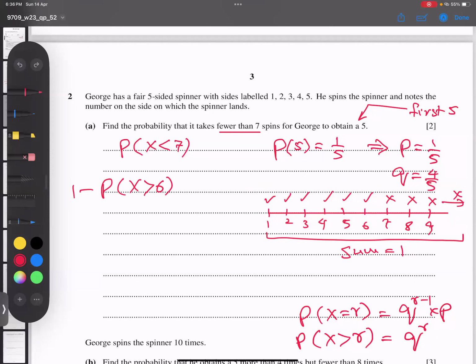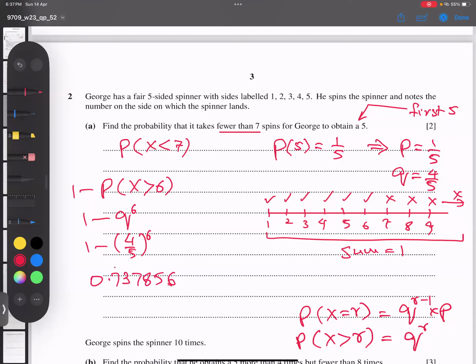I can write here 1 minus q to the power 6, and q is what? 4/5 to the power 6. And if I type it in the calculator, it is giving me 0.737856.